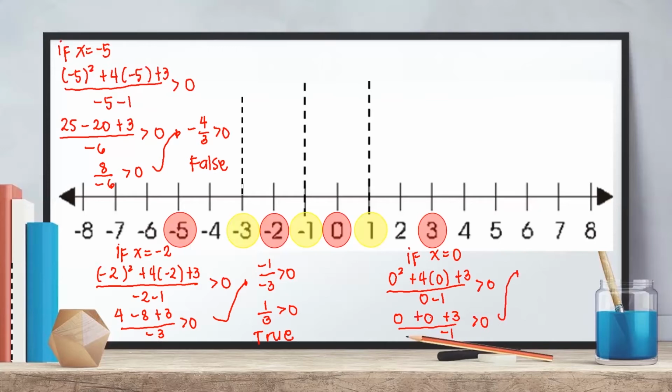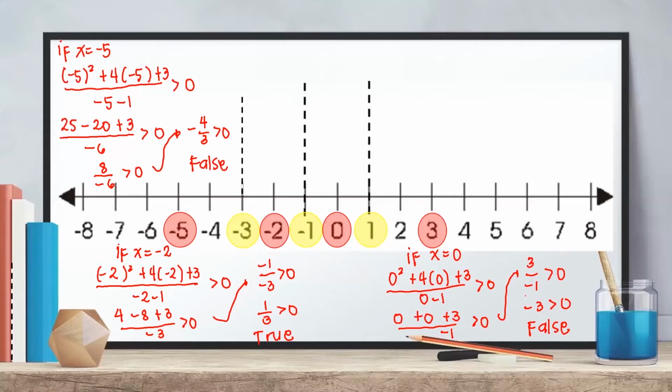Simplifying this, we will have 0 plus 0 is 0, plus 3 is 3, over -1. 3 divided by -1 is equal to -3, greater than 0. However, negative is not greater than 0, so therefore, this is false.